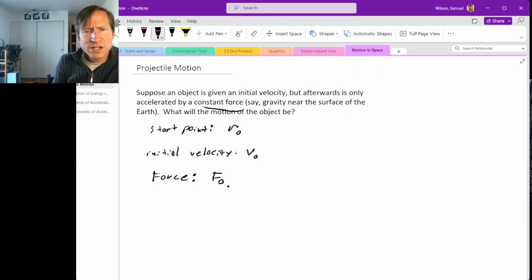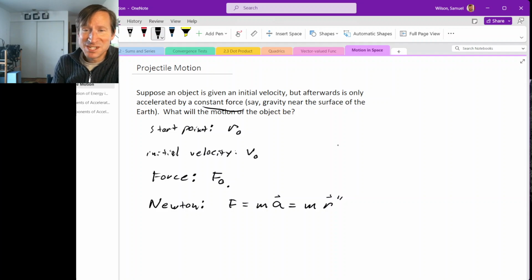We need to relate force to acceleration, and Newton's second law tells us the relationship. Newton's second law tells us that the total force on an object is the mass of the object times the acceleration. Remember, acceleration is the second derivative of our position function.